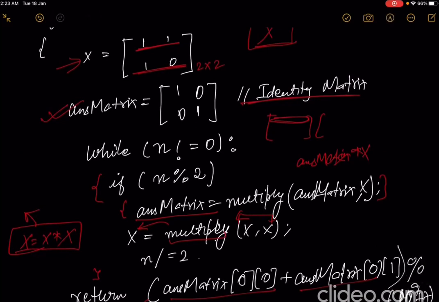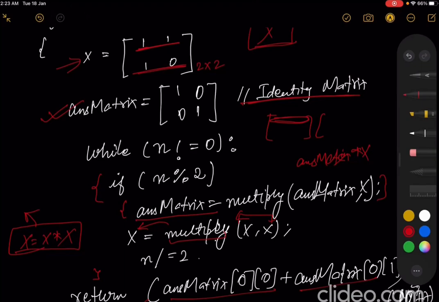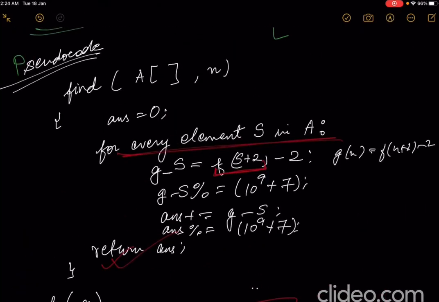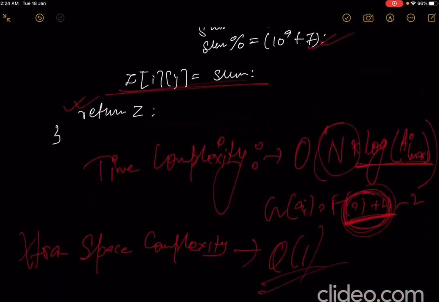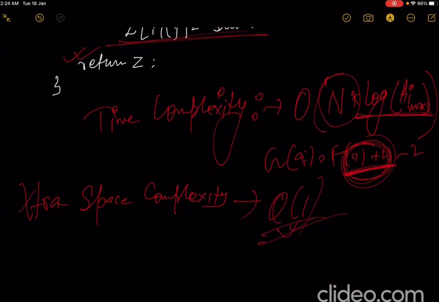That only requires storage of order 4, so we can consider it order of 1. So the space complexity is order of 1, and the time complexity is order of n into log of the maximum value of a of i. You can also add one more factor, 8, because multiplying two 2 cross 2 matrices takes order of 8 time. So the final time complexity is 8 into n into log of the maximum value of a of i.